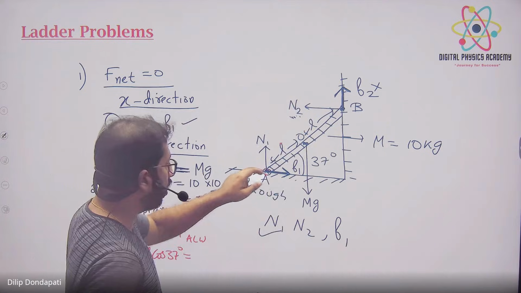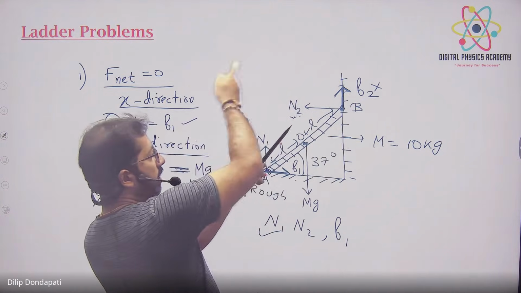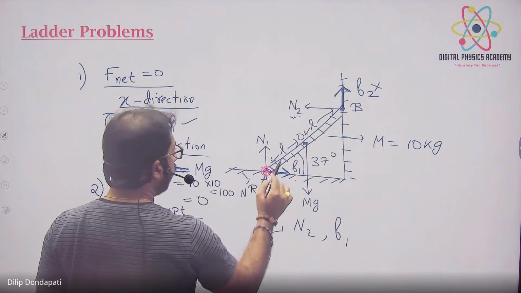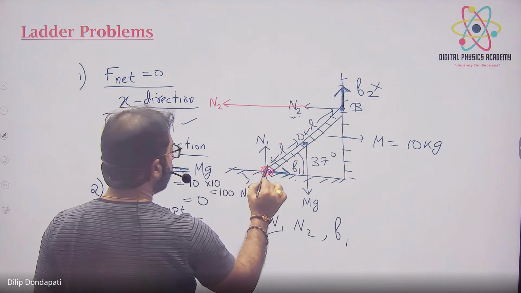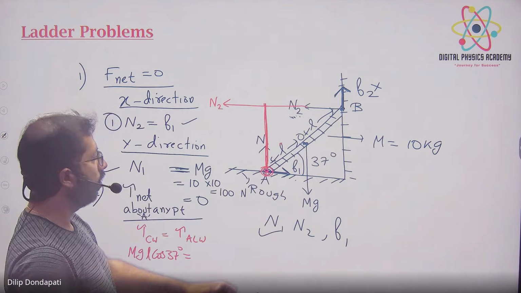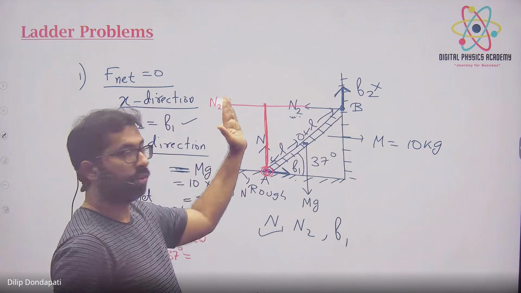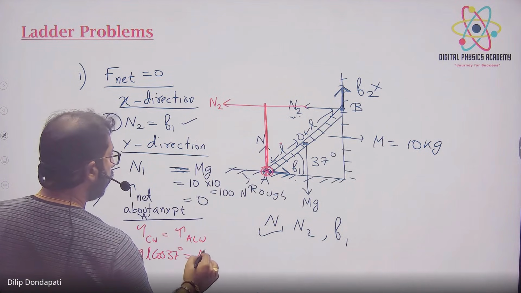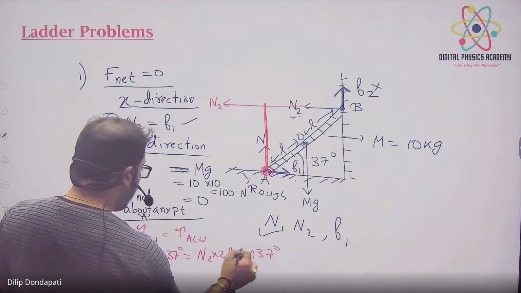If this force is making it rotate in the anti-clockwise direction, right? So force into perpendicular distance. Force को extend करो, and perpendicular distance क्या होगा? So what is the perpendicular distance? 2L sin 37. So क्या होगा? N2 into 2L sin 37. So L cancel हो जाएगा.